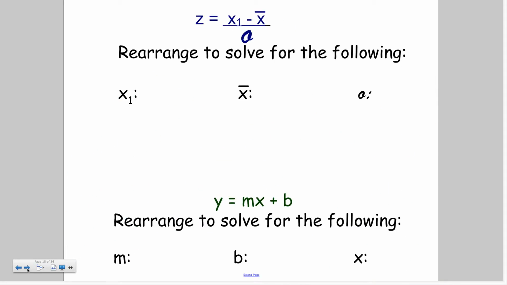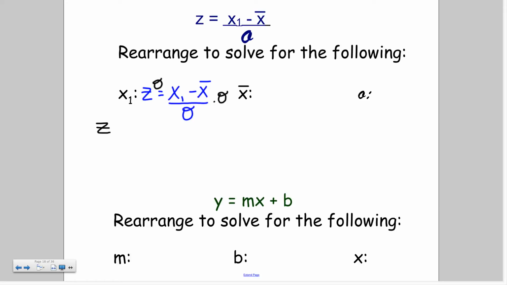All right, the next one. We have the z-score formula, which is very fresh to you. So z is equal to x, the number that it's asking for, minus the mean, over the standard deviation. Now we're solving for the number it's asking for. So we're going to multiply by the standard deviation on both sides.